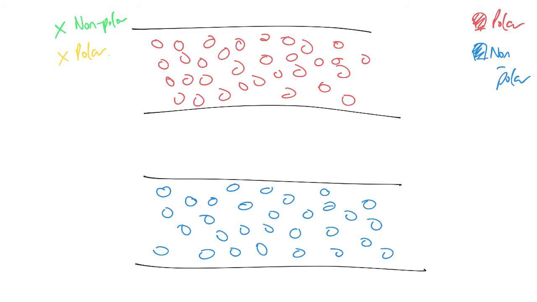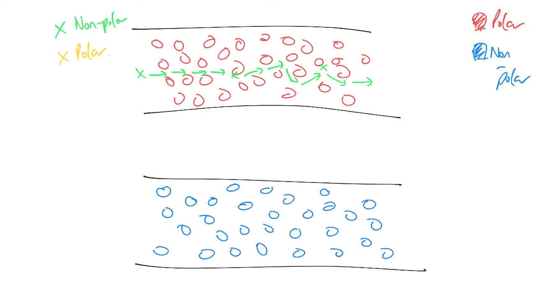Let's track the progress of these two. The green non-polar particle is going through a polar column, which means a polar stationary phase, so it's not going to stick onto it very often. It's going to go here, here, here, and here, and then get stuck. Once it gets unstuck, it goes on, then gets stuck here, then goes on.